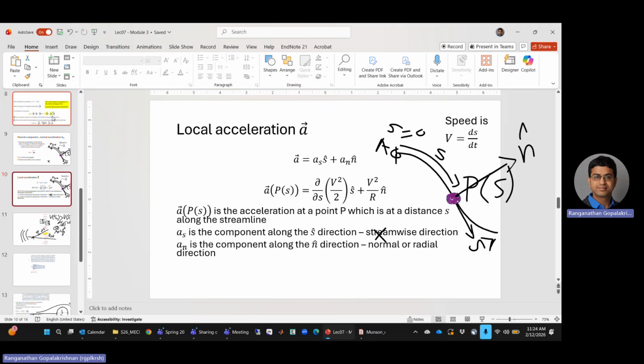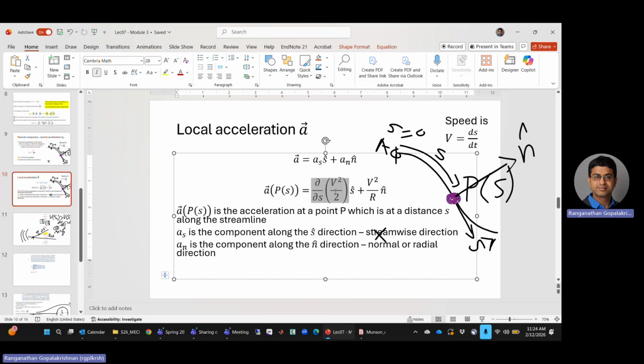We talked about the streamwise acceleration, which I told you can be remembered as the rate of change of the quantity v squared over 2 along the streamline. So this is the English translation. The streamwise component is the rate of change of the quantity v squared over 2 along the streamline.